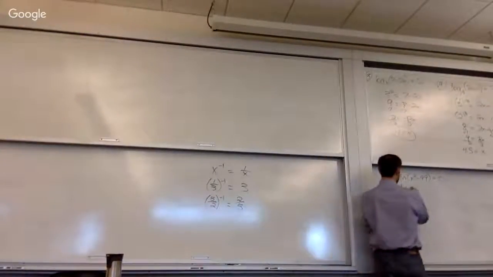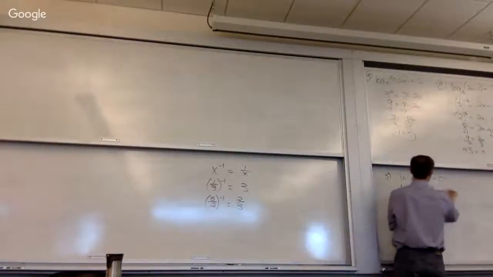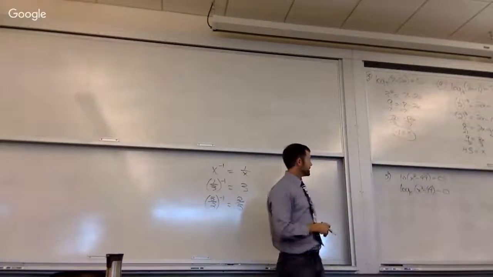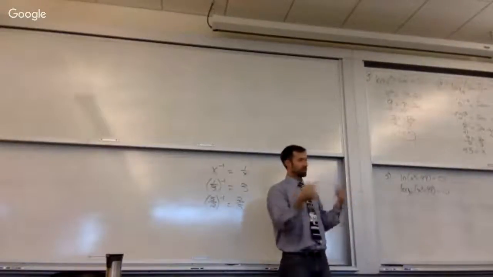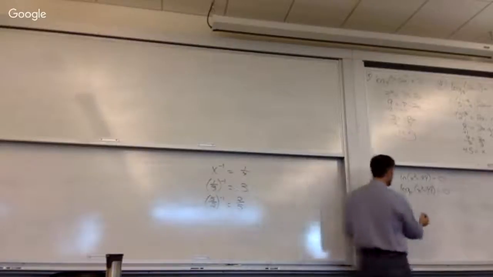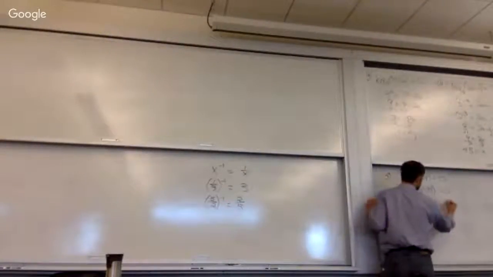So let's apply that definition, now log base e of x squared minus 99. Now what can we do? I mean, you can call it a definition, but the definition of how to switch from a log form to an exponential form. So how would I rewrite this now? Left to the right equals middle. So e to the 0 equals x squared minus 99.